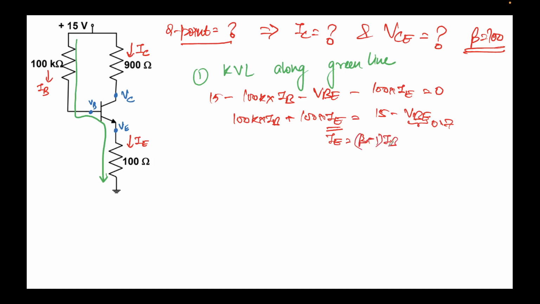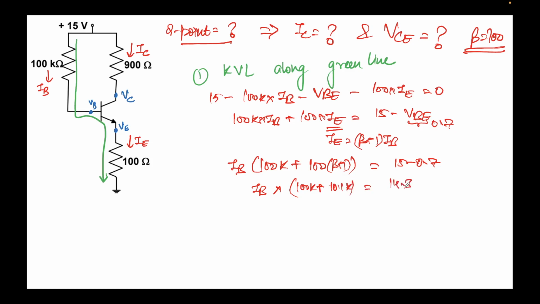So let's put these values here. I'll take IB common. It will be 100k plus 100 times beta plus 1, which is equal to 15 minus 0.7. So I'll get IB into 100k plus 100 times 101, that will be 110.1k, which is equal to 14.3.